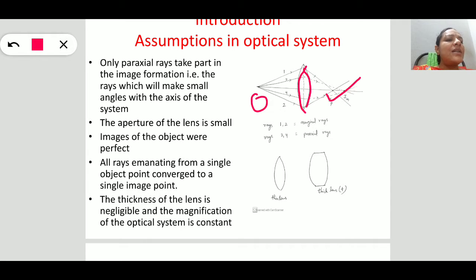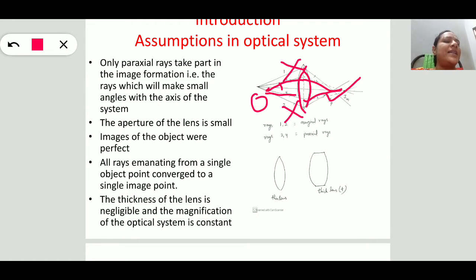Paraxial rays are, as you see here, denoted with numbers 3 and 4. These are the rays that make small angles with the principal axis. The rays which are incident on the lens system with less height are known as paraxial rays. Only these two rays are responsible for forming images. The remaining, the marginal rays, we are not considering.